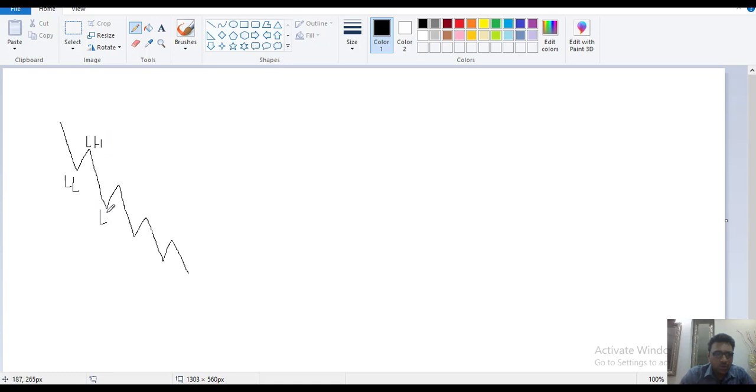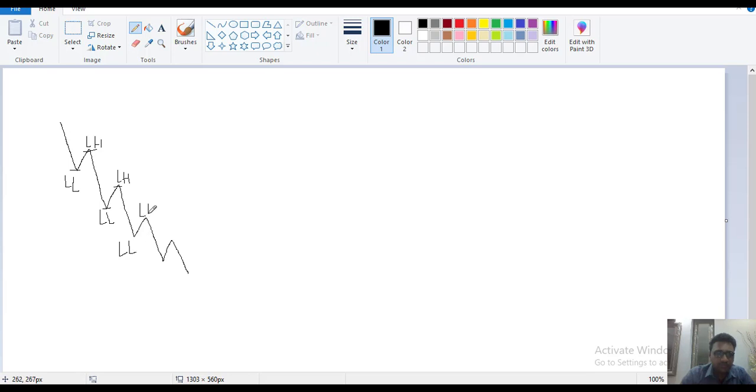And what is a lower low and what is a lower high? It's basically when the new high is lower than the previous high, it is called a lower high. And when a new low is lower than a previous low, it's called a lower low, right? So this is a lower low, this is a lower high.